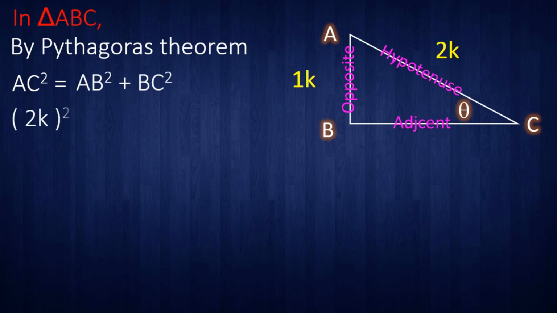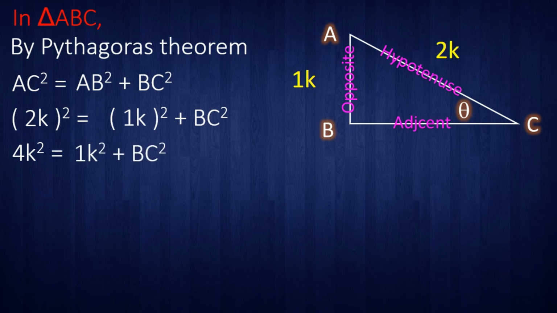AB we have 1K whole square plus BC square. 2K square is 4K square. 1K square is 1K square plus BC square. 1K square transfer to the left hand side. So 4K square minus 1K square is equal to BC square. After subtraction you will get 3K square is equal to BC square.